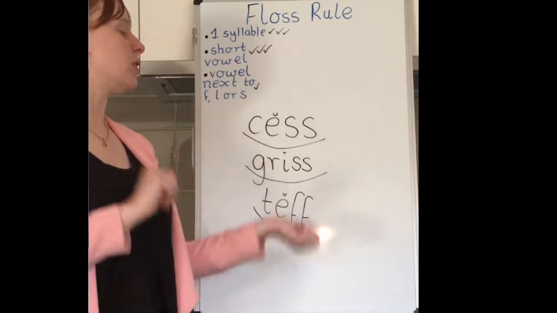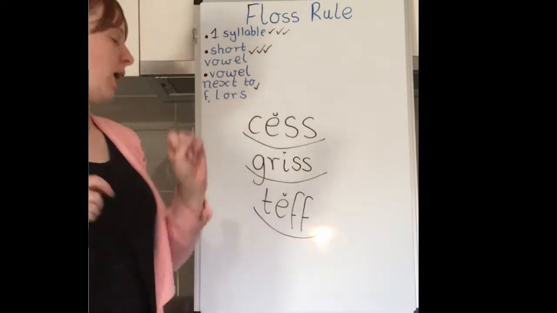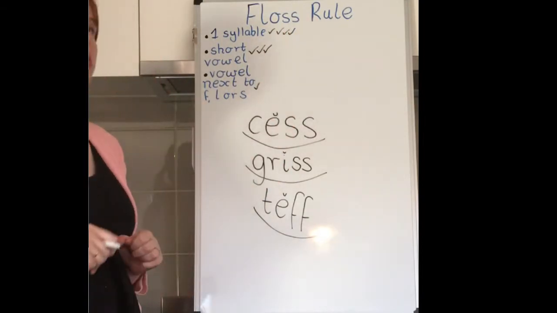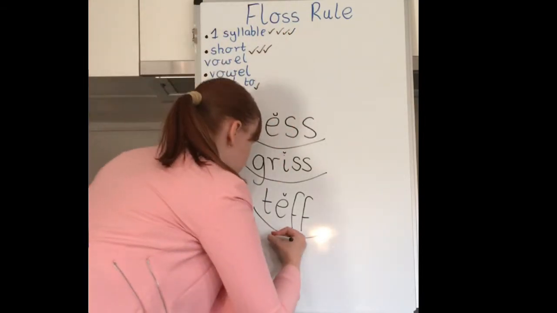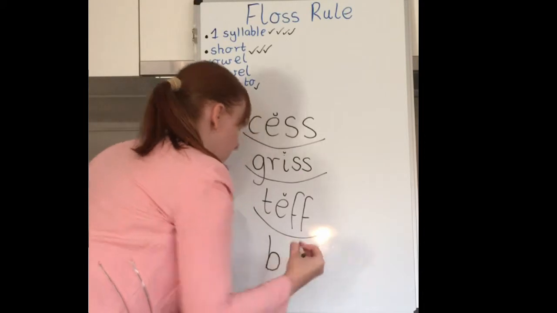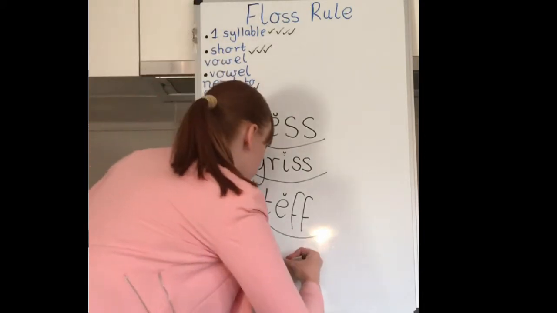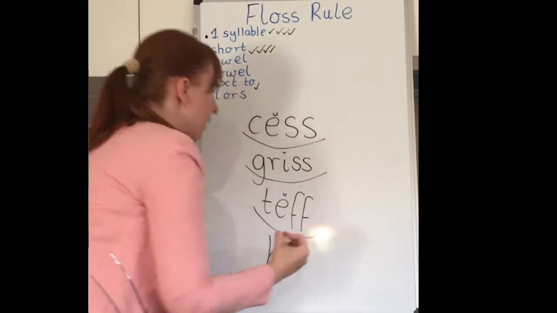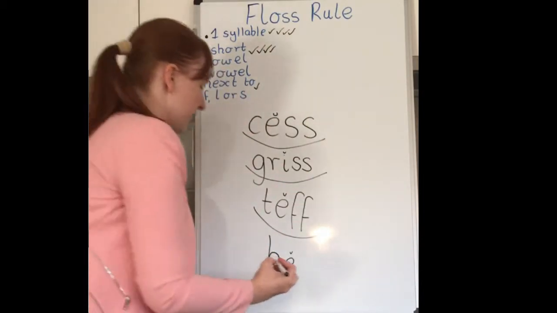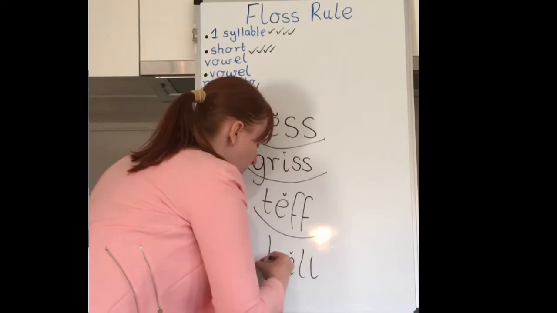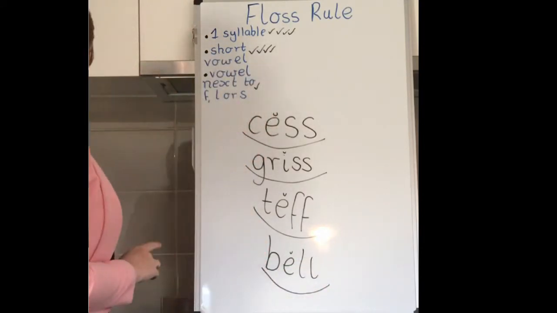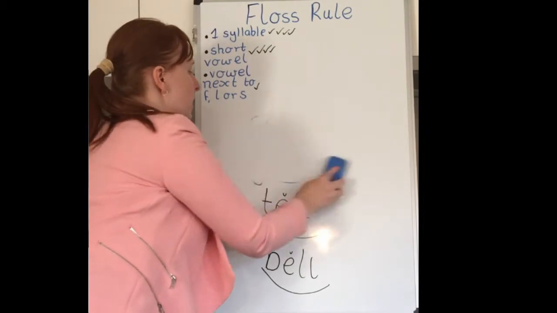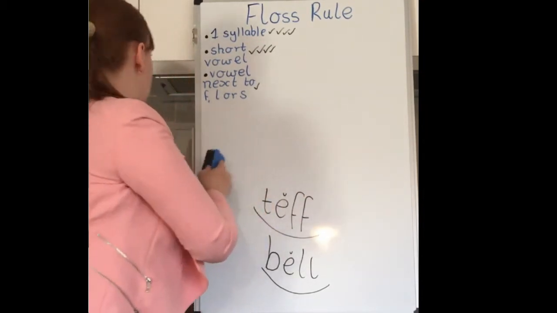How many beats are in the word bell? One syllable. A short vowel. It's short. They are next to each other. I have to double it. Another one I might do is floss.